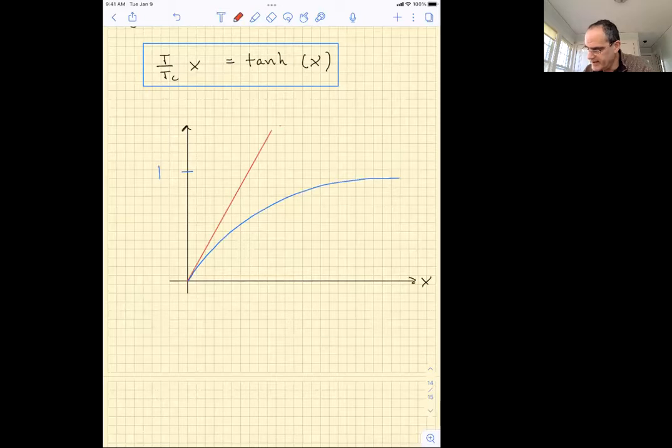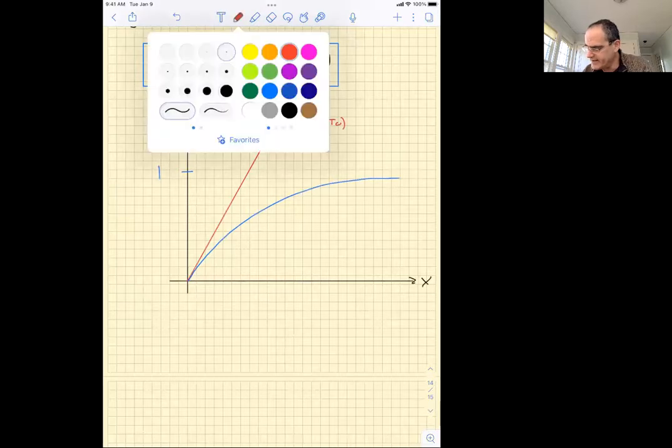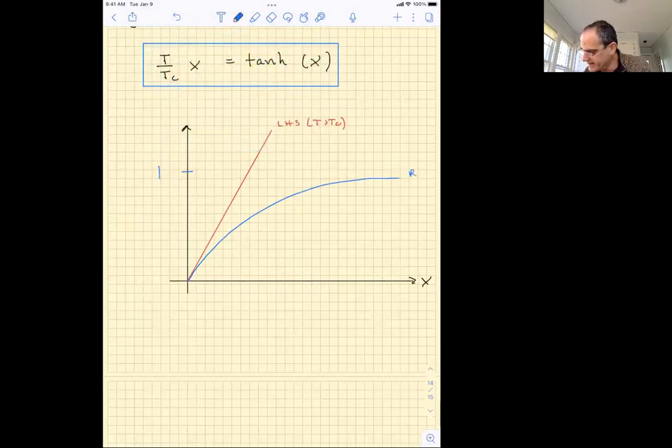So again, the red line is the left-hand side for T greater than Tc, and the blue line is the right-hand side. Okay? And for T greater than Tc, the only place they cross is at x equals 0.